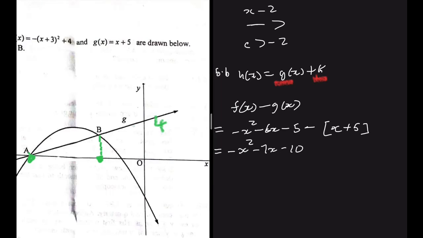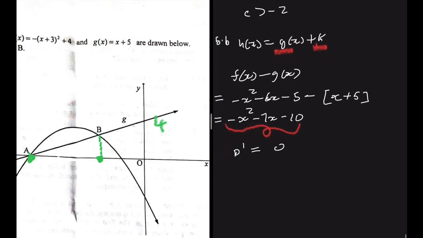So if we want to find the maximum distance, we have to differentiate this equation and equate it to 0, right? So if we say the derivative of the function for the distance is equal to 0, then we're gonna have minus 2x, we can just use the power rule, minus 7 is equal to 0.